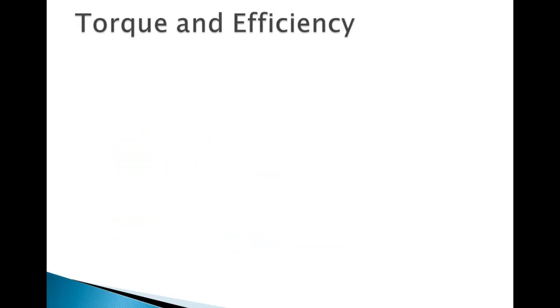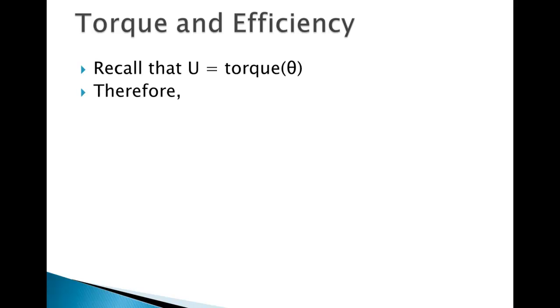And the last concept is torque and efficiency. So let's recall that previous equation, that U equals torque times theta. Therefore, our power equation then becomes U over T, which is torque times theta over T. And we all know that theta over T is just omega, so that's torque times omega.